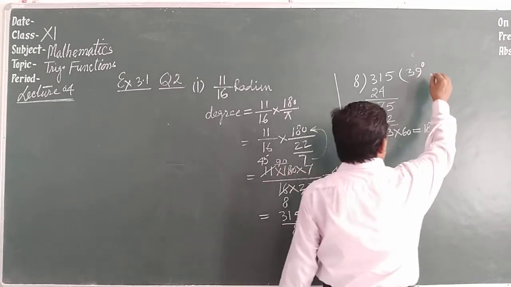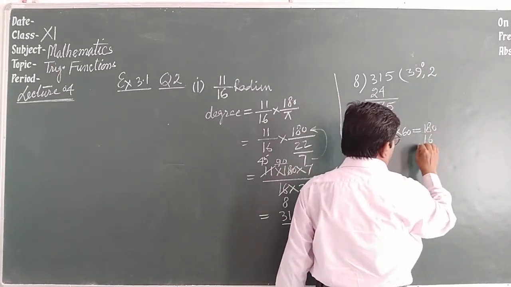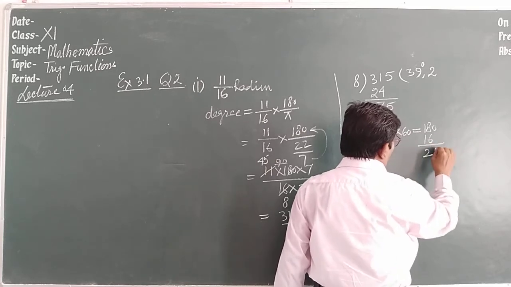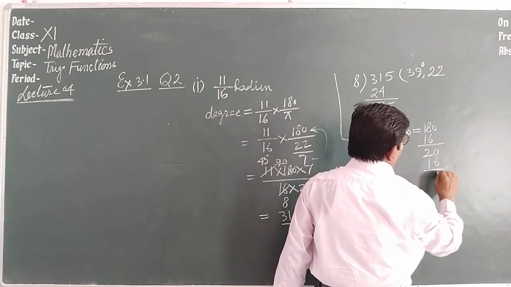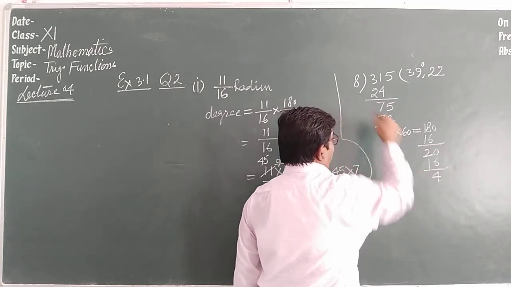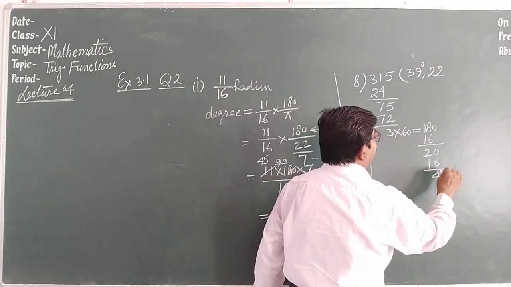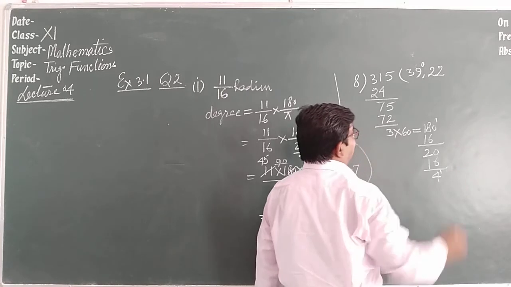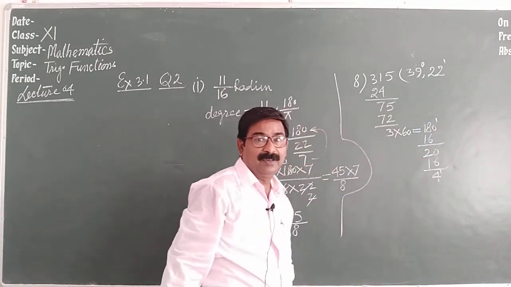So we have 8 2s are 16. Taking 2, 20. 8 2s are 16. Taking 4. Now this 4 cannot be divided by 8, and this is minute. So 4 minute is left.